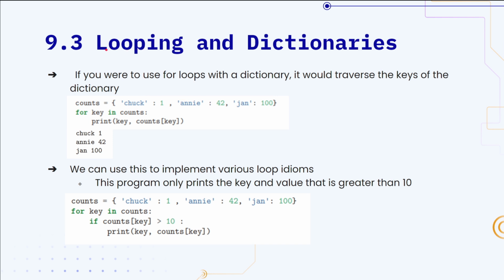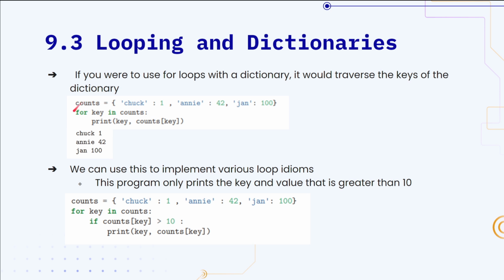One thing to understand with dictionaries is that if we were to use for loops like we just did, a for loop will only go over the keys. So actually in the last exercise, we didn't use for loops with dictionaries. We used a for loop to create a dictionary. We used it with a list.